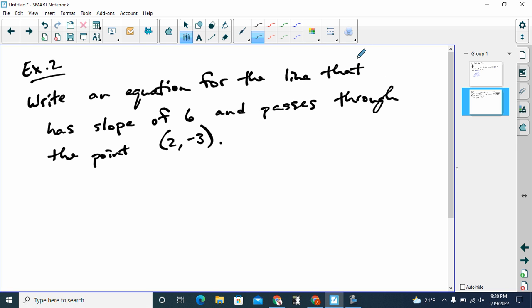Write an equation for the line that has a slope of 6. That sounds familiar. Same thing as example 1. But then it needs to pass through this other point, (2, -3).